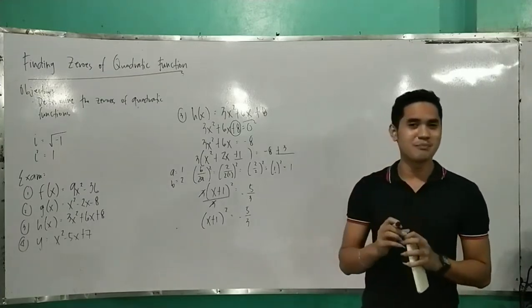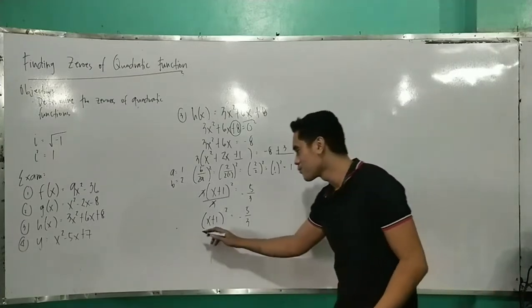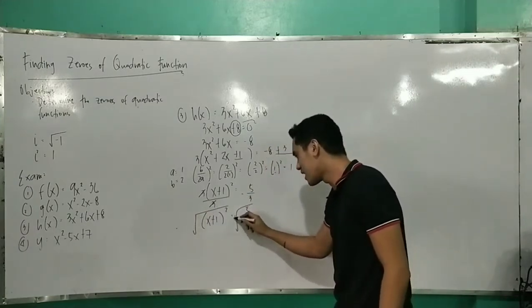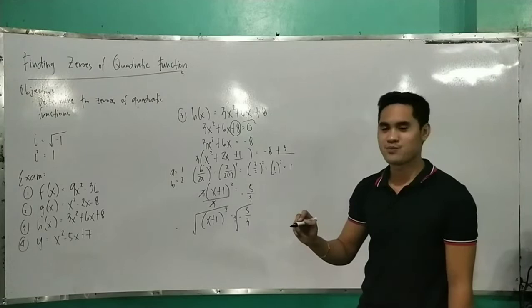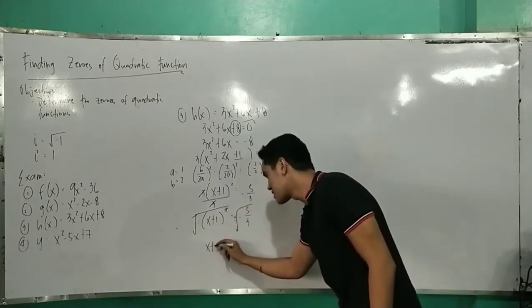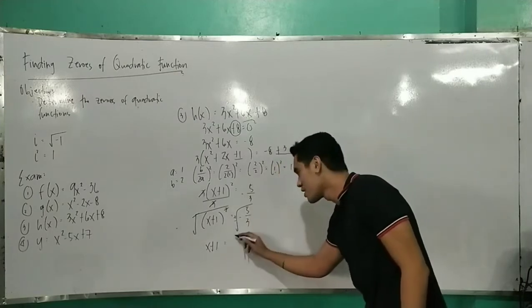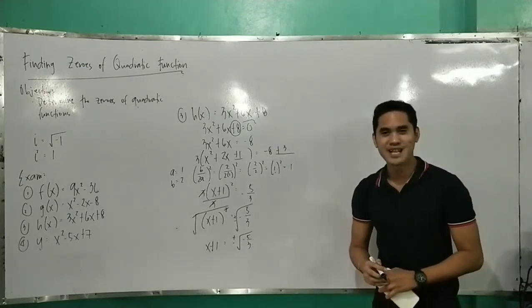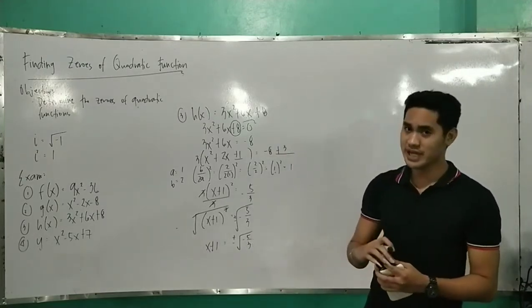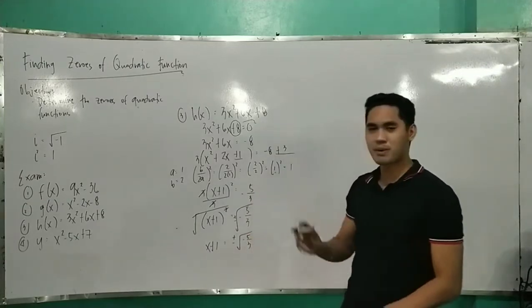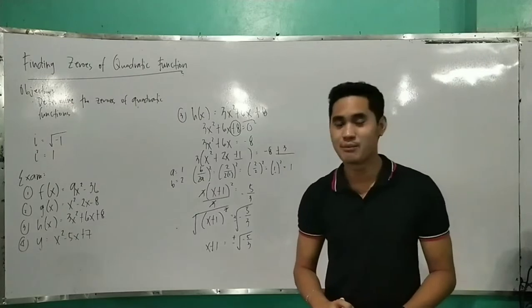Ngayon, pwede na natin ma-apply yung next step natin, na kung saan kailangan natin sila i-square root, both sides, then yung plus, minus. Ngayon, ito ay matatanggal, so matitira x plus 1 is equal to plus minus square root of negative 5 over 3. Yung case dito, meron tayong negative sign, at isa pa, bawal ang radical sa denominator.